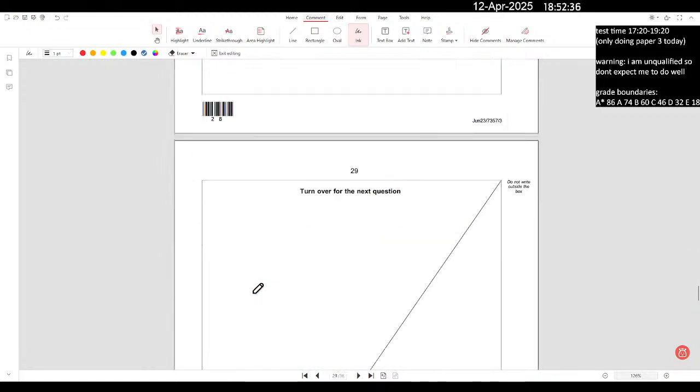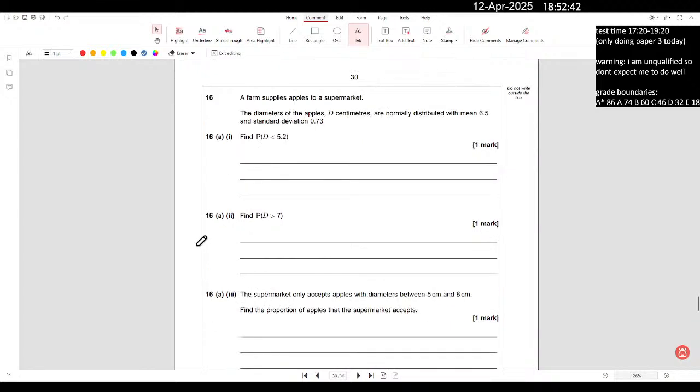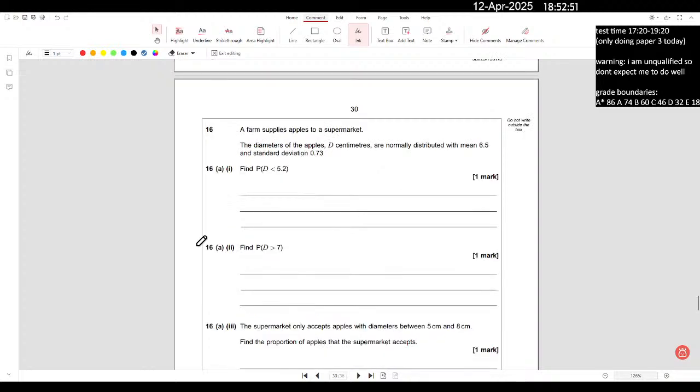Okay, question 16. A farm supplies apples to a supermarket. The diameters of the apples, d centimeters, are normally distributed with mean 6.5 and standard deviation 0.73. Fine. Well, I can just use the calculator for this. Okay, normal CDF. Mean 6.5, standard deviation 0.73.